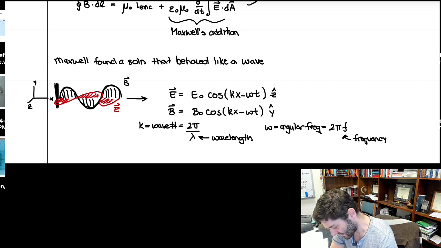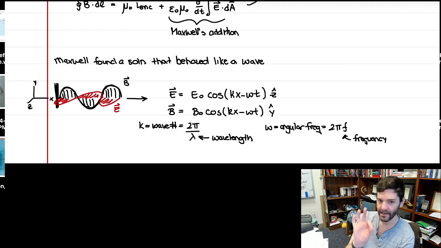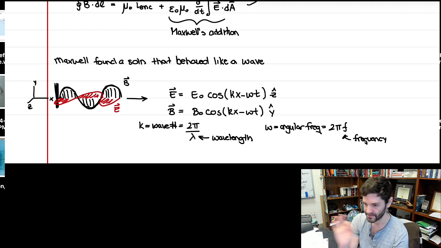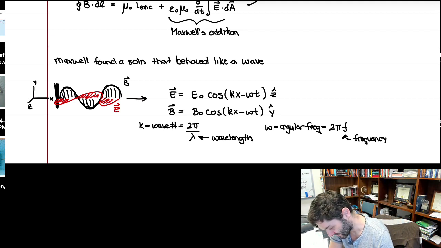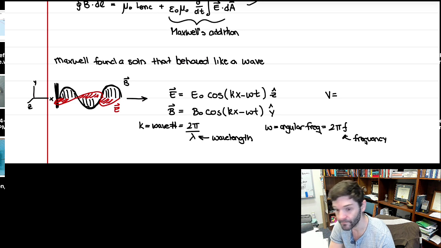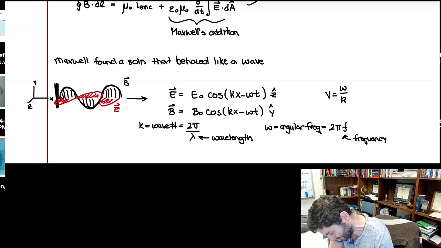These things obey a particular dispersion relation. There's a relationship that if I know k and omega, that tells me the velocity, such that the velocity ends up being simply, in this case, omega divided by k, which then is 2 pi times f divided by 2 pi divided by lambda.